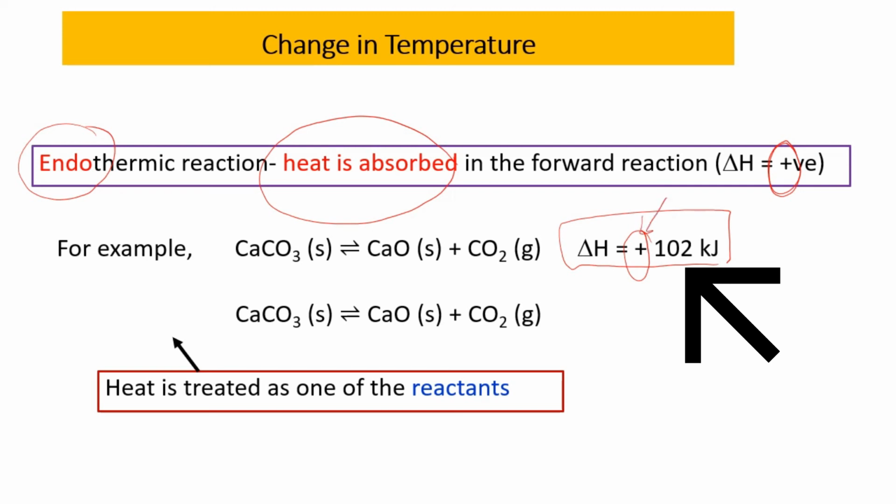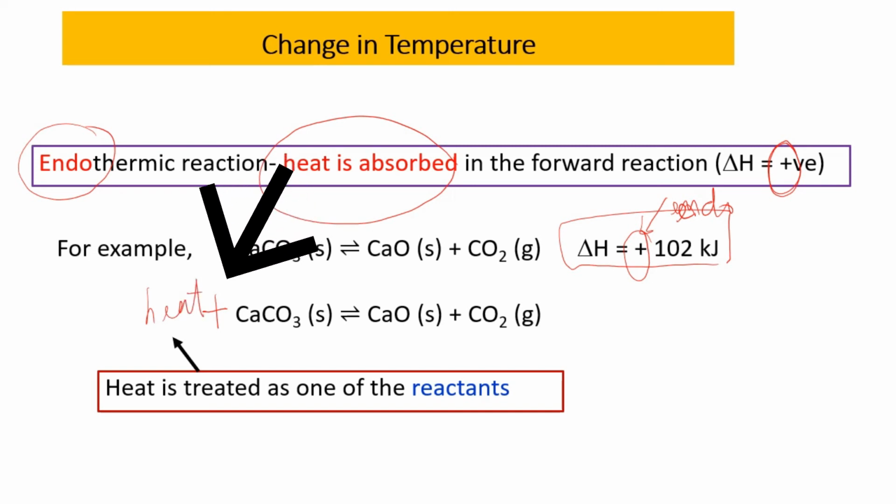Positive means this is an endothermic reaction. Endo means heat is absorbed, so when we want to produce the products, we need heat as one of the reactants. So remember, in an endothermic reaction, heat is treated as one of the reactants.